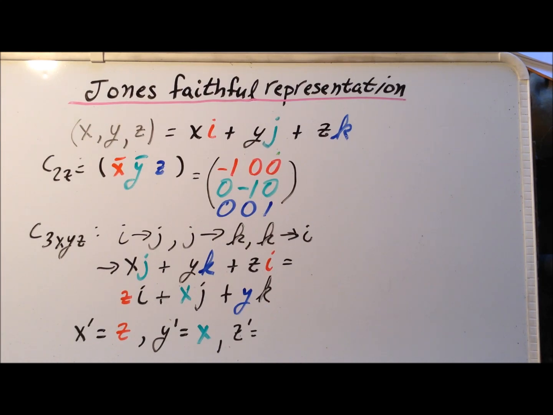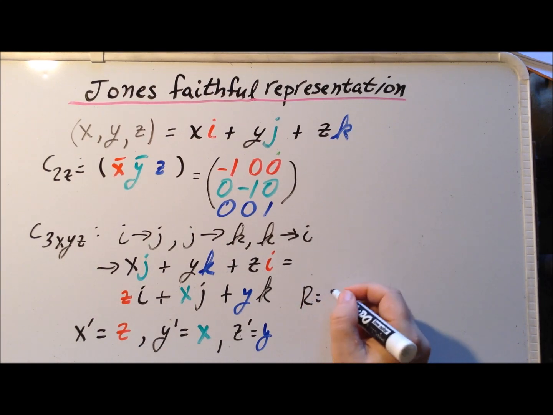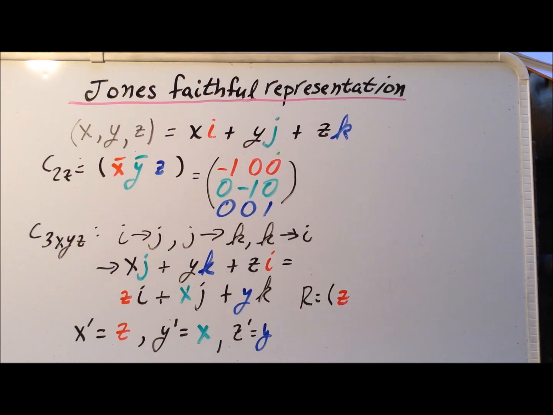Therefore, the z prime is going to be equal to y. So this means that we can write down a representation for the C₃ rotation that's going to have the rows. The first row is going to be z. The second row is going to be x, because that's the y prime. And then z prime, our final entry, is going to be y.